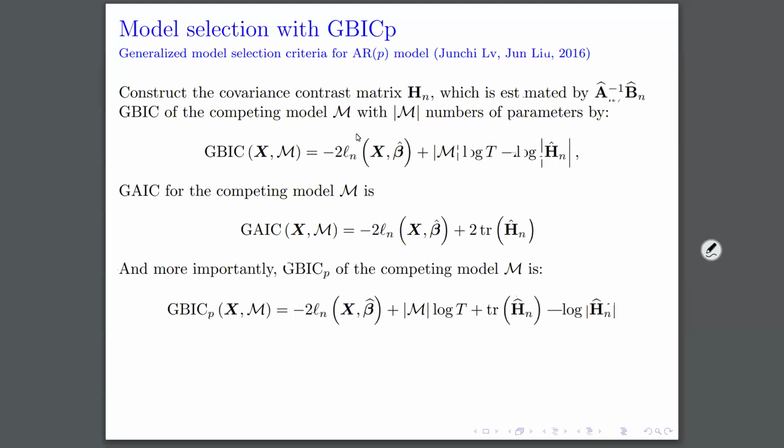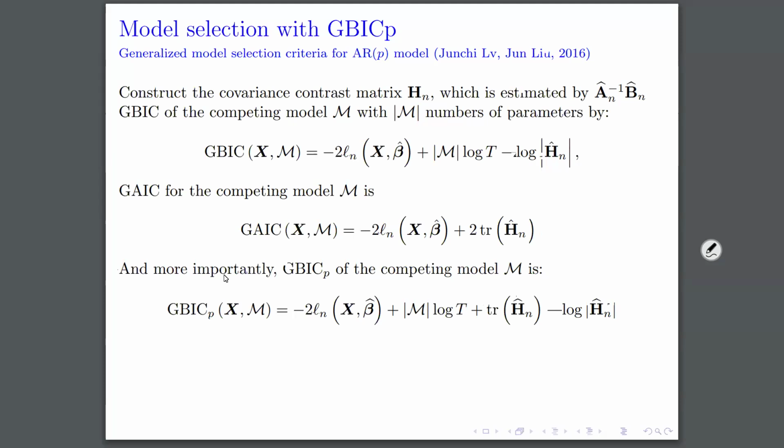So as I said, we follow some of the results of their 2016 paper. They define a new generalized model selection criterion using this so-called covariance contrast matrix H_N, which can be estimated using the inverse of A_N hat times B_N hat.